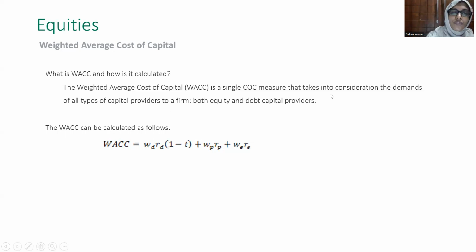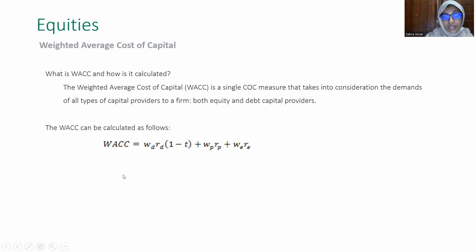So when it comes to the formula, as you can see, for WACC, you get the weight of debt. D is the debt. And as you can see, it says 1 minus T. So obviously with debt, we always talk about it being tax deductible. We consider that.